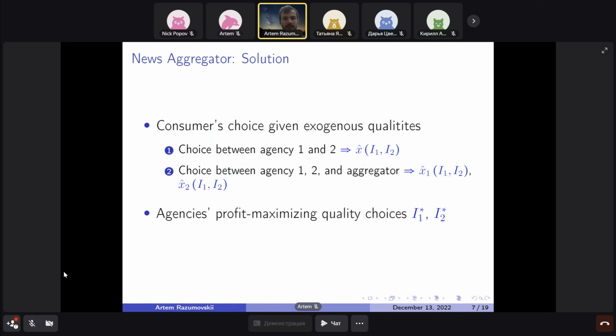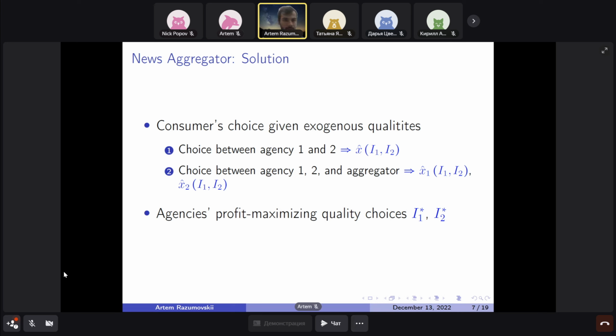Let's think that agencies have already decided on their profit-maximizing quality. We will solve it by backward induction as usual, so first we think about consumer choice, then about the aggregator's presenting, and then the choice of quality by the agencies.